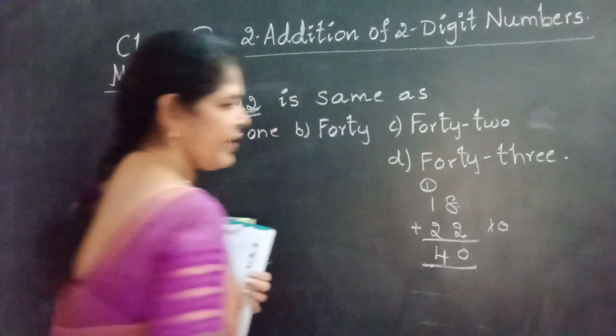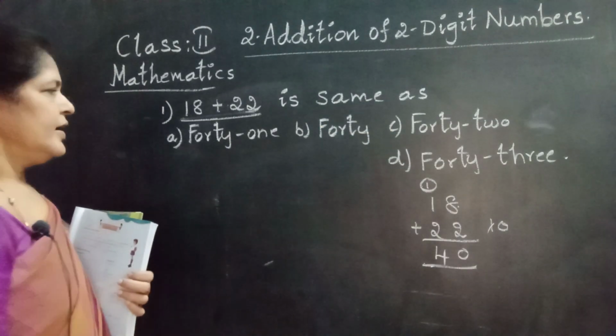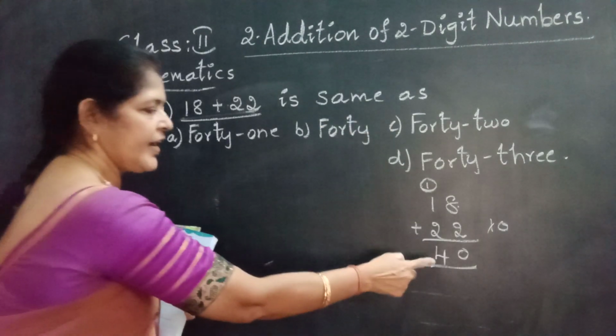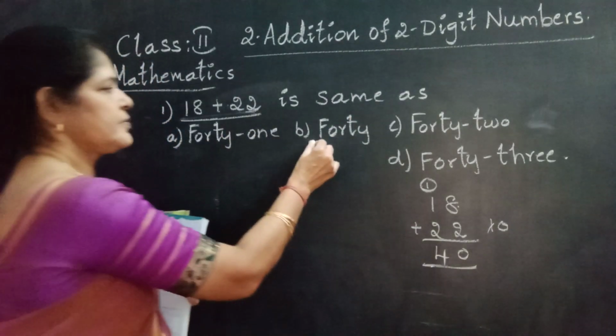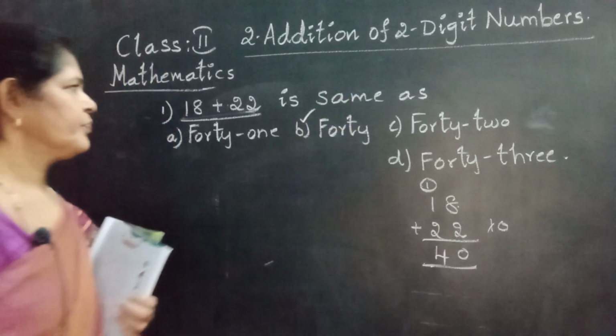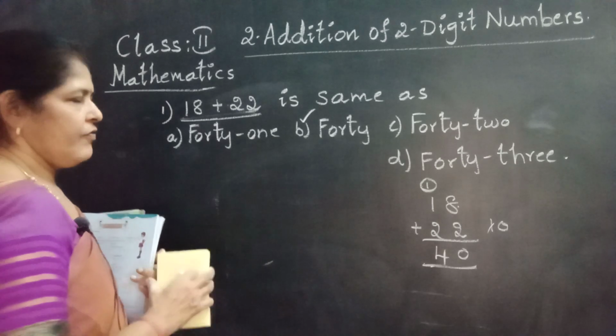What is the number? 40. Which option is suitable for that? Here the number names are given. We get the number name 40. What is the number name of 40? Yes, B. B is correct. 18 plus 22 is the same as F-O-R-T-Y.